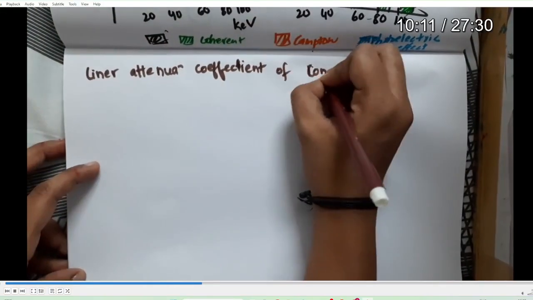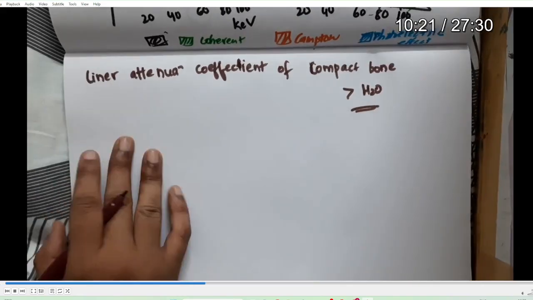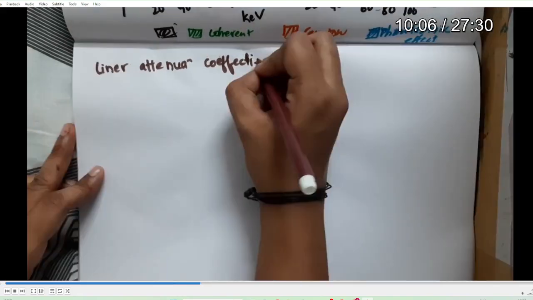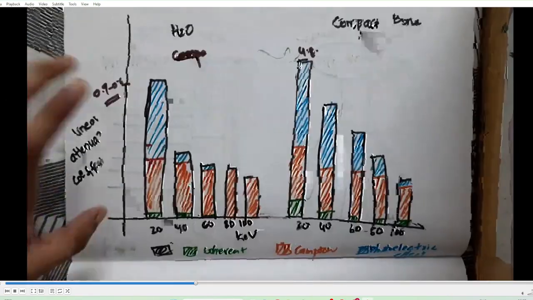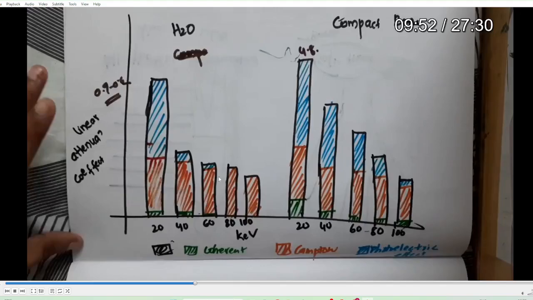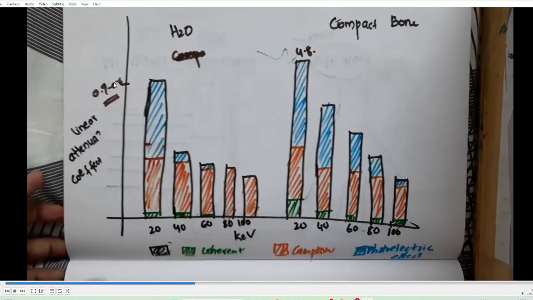This picture is not that good, because visually the difference between 0.77 and 4.8 is very small, but in reality water has a linear attenuation coefficient of 0.77 per centimeter, whereas bone has a linear attenuation coefficient of 4.8 per centimeter.